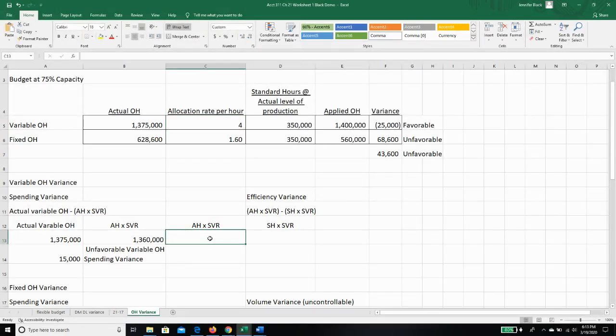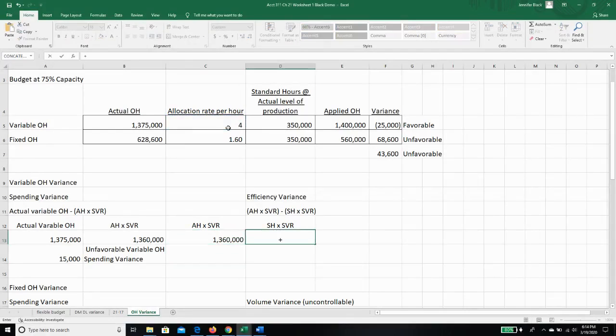Now the next one is our efficiency variance. Our efficiency variance is actual hours times standard variable rate minus the standard hours times the standard variable rate. So our actual hours were 340,000 times $4, which is 1,360,000.